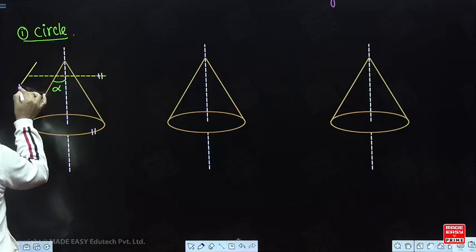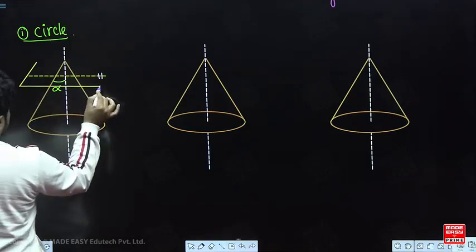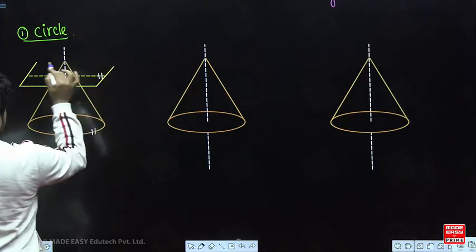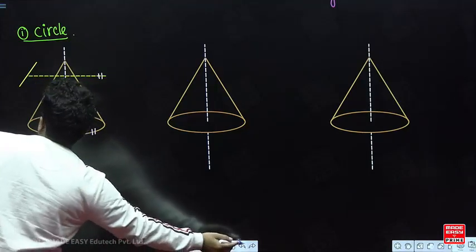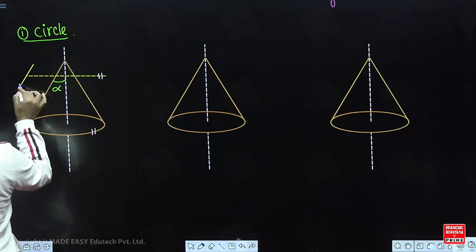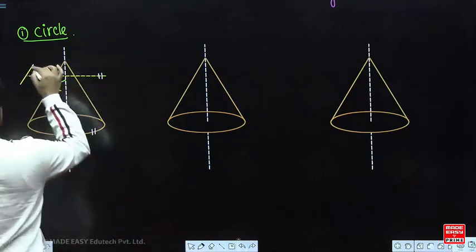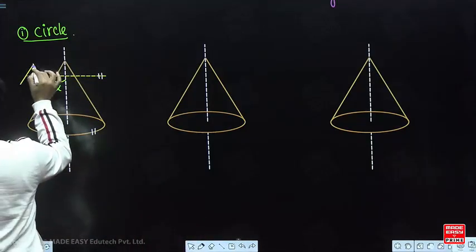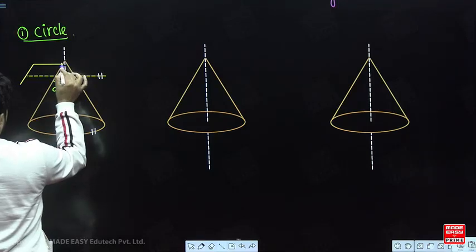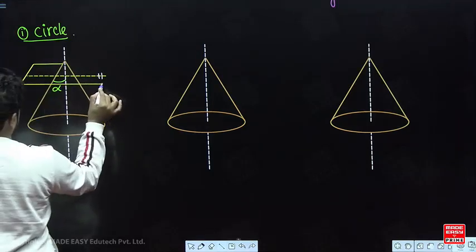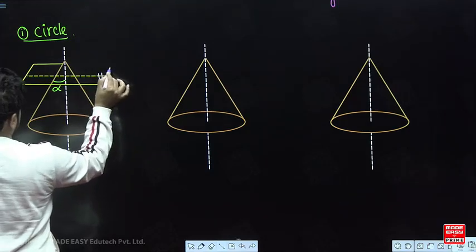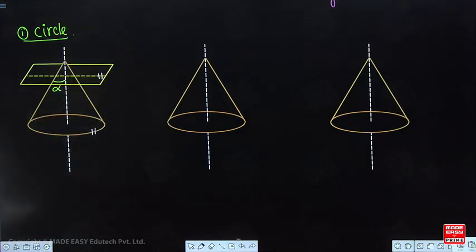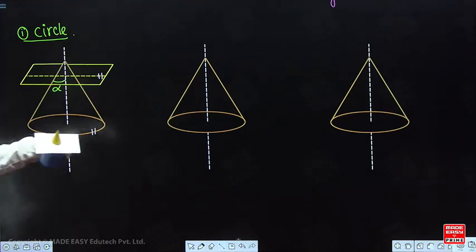Now let me complete it. Correct. So you can see that this is the cutting plane which is made like this, correct.